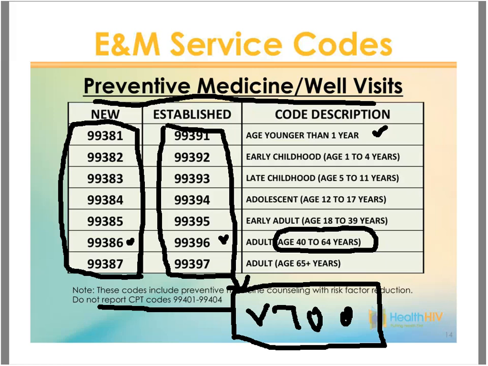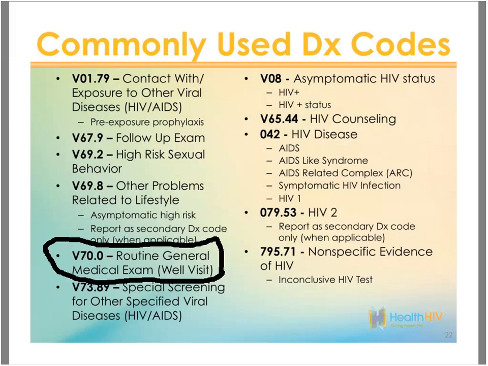All right, let's go back. The V67.9, the V69.2, and the V69.8 are oftentimes reported as the secondary. In fact, this code has coding guidelines that state it's only reported as the secondary.